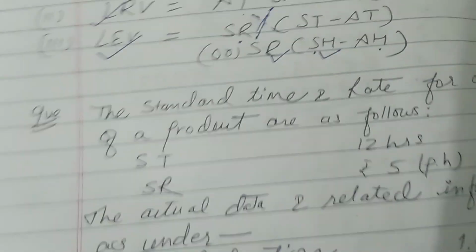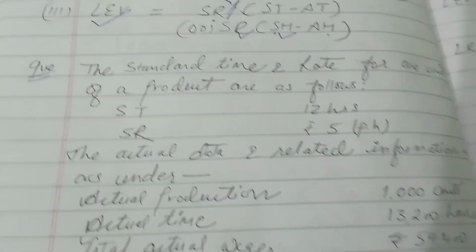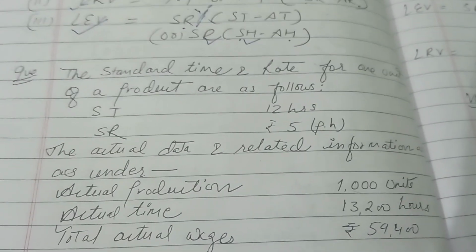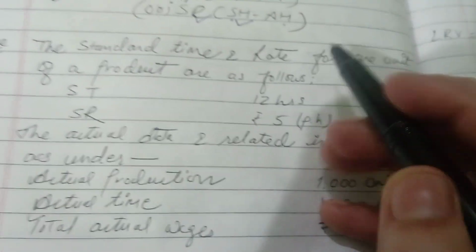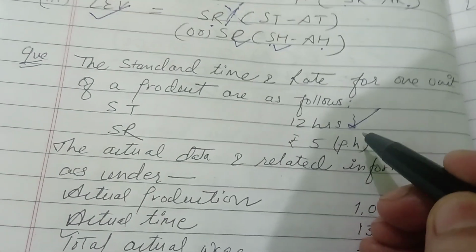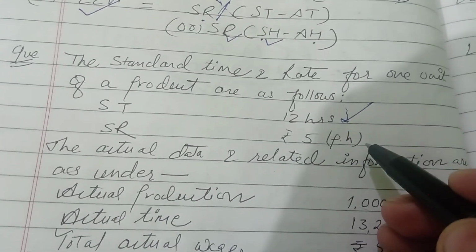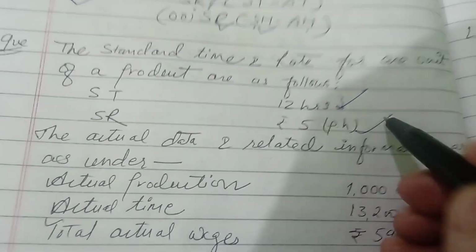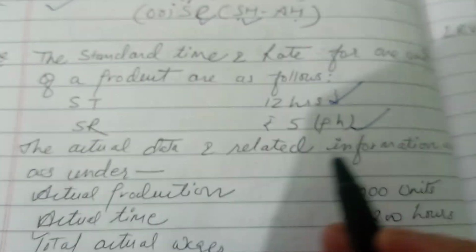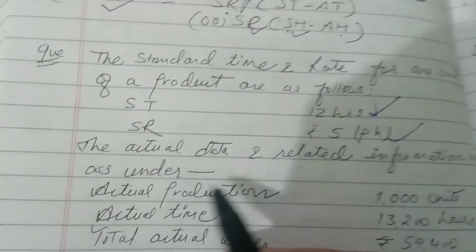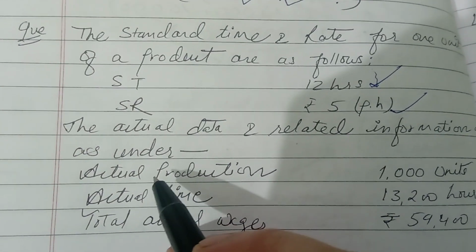Now, to make things crystal clear, let's take the numerical. The numerical says the standard time and rate for one unit of a product are as follows. The standard time the company has decided is 12 hours. The standard rate for manufacturing is ₹5 per hour. Now, the actual data and related information are as under.